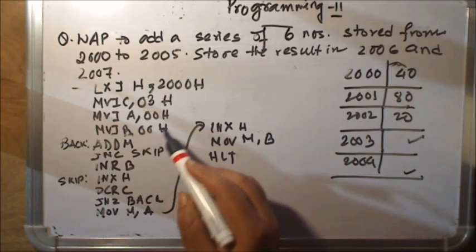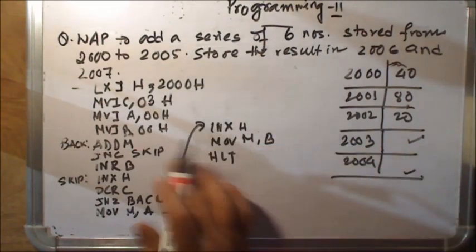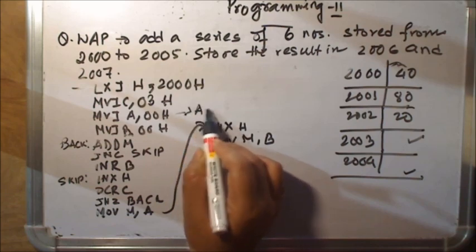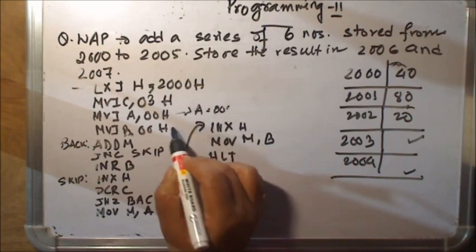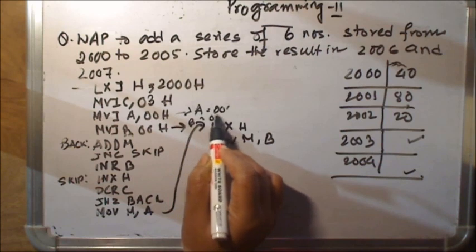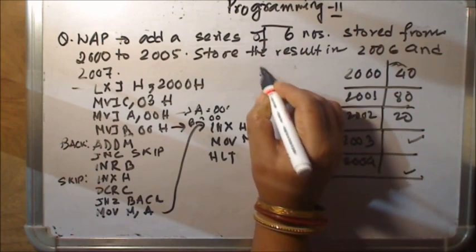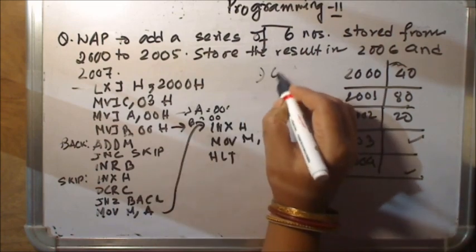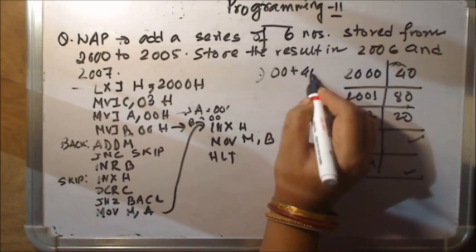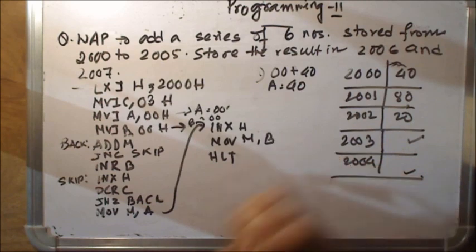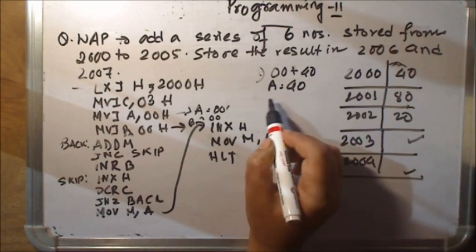So we have initialized register A with 00H and B with 00H. First is ADD M. We will add 00 plus 40 and the result will be stored in A. JNC skip. Is carry generated?